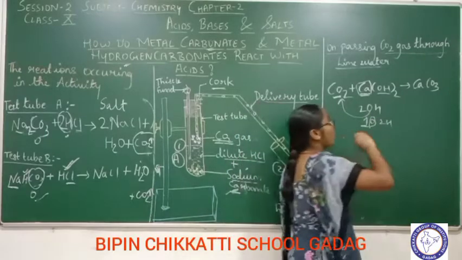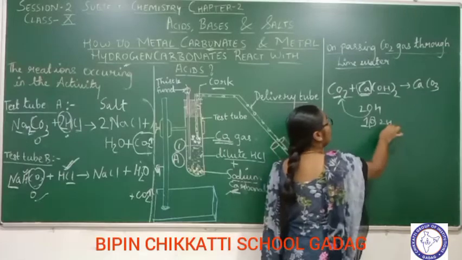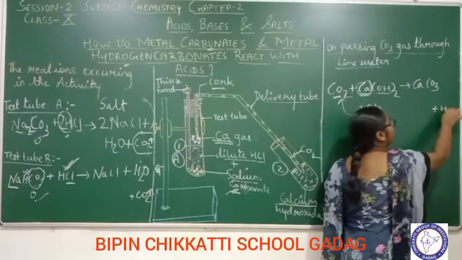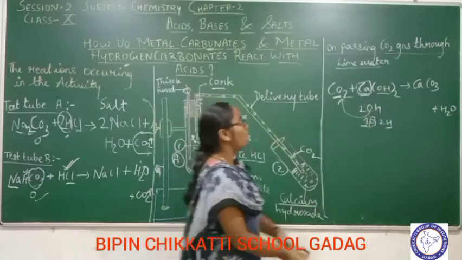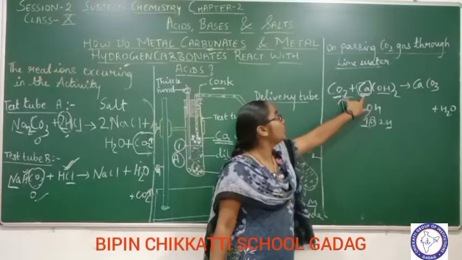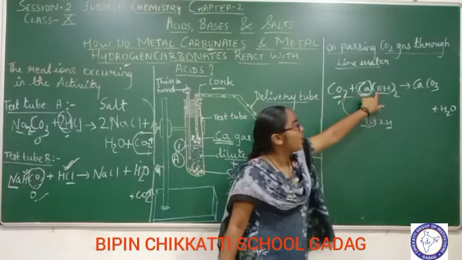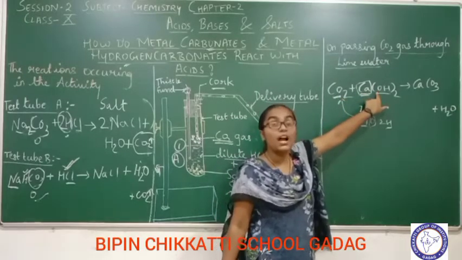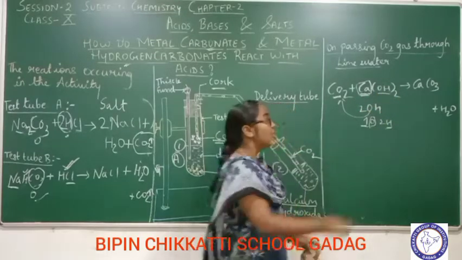It will lead to the formation of a different compound, which is nothing but water, H2O. So calcium will react with the carbon dioxide, and 1 oxygen will be abstracted from the hydroxyl complex, which leads to the formation of calcium carbonate along with the water.